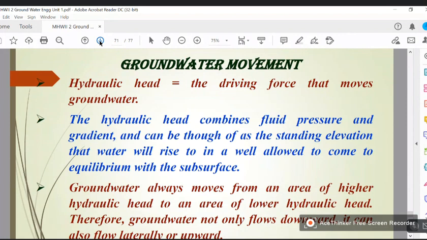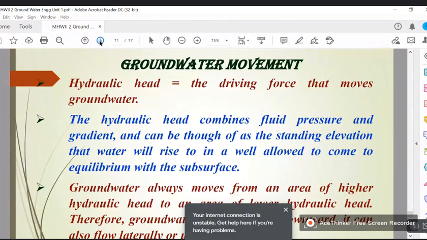So how do we define the hydraulic gradient line? It is not simply P1 minus P2 by gamma divided by L. It is P1 by gamma plus Z1 minus P2 by gamma plus Z2. That means the datum head also is combined. So similarly here also it includes the difference in elevations.